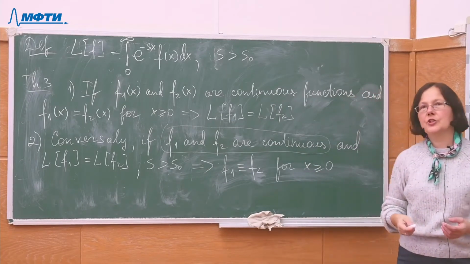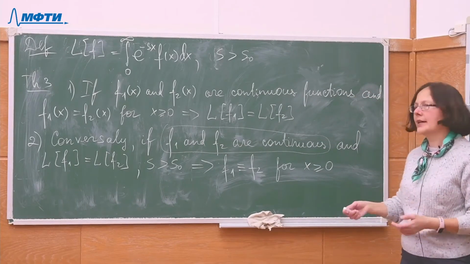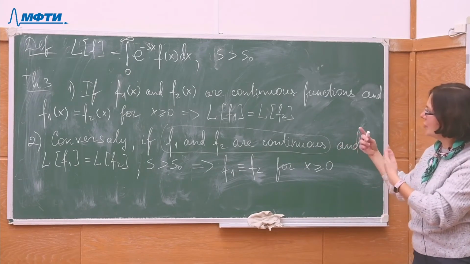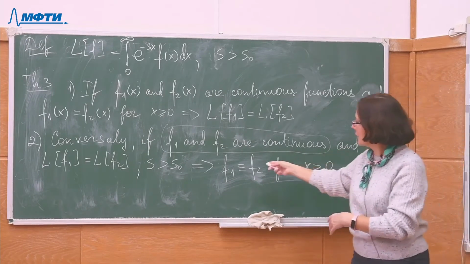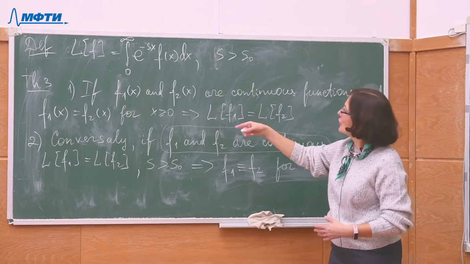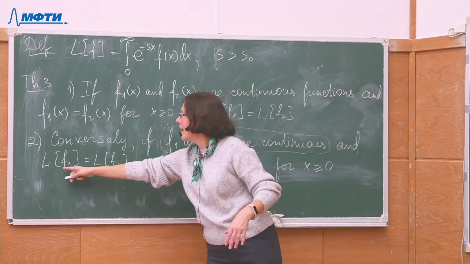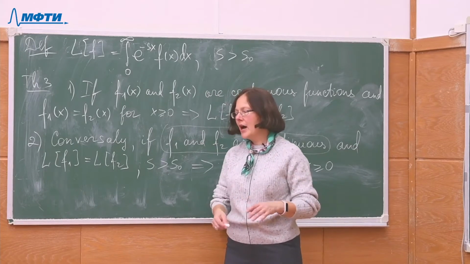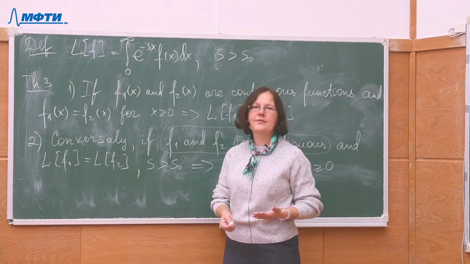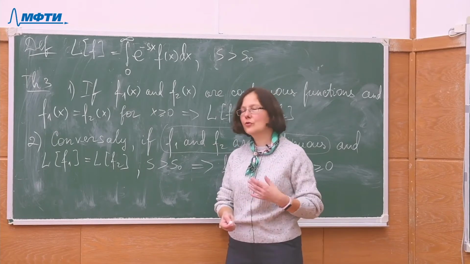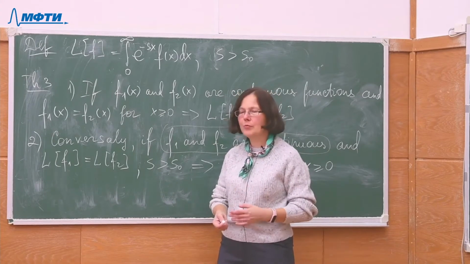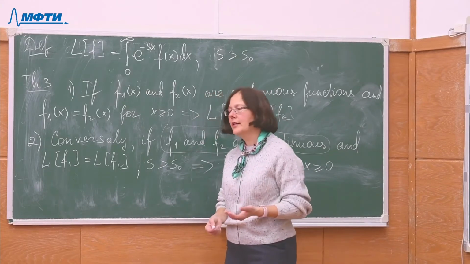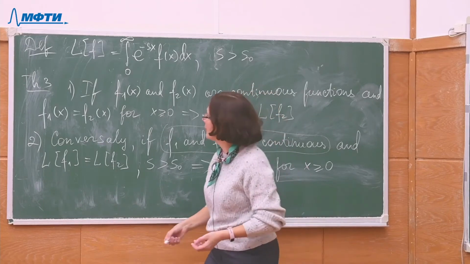They must be continuous. And for continuous functions we can see the uniqueness. It follows from this theorem that if we know the function L of f, then we can recover a continuous function from its image, from its Laplace transform. And this inverse function is called the inverse Laplace transform.